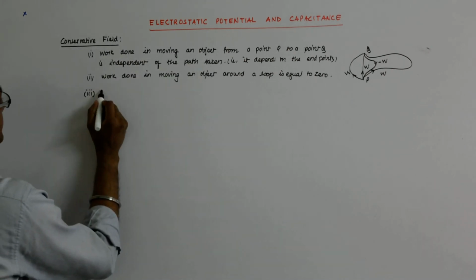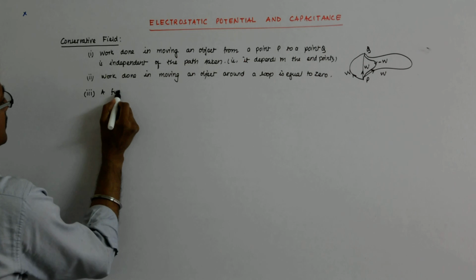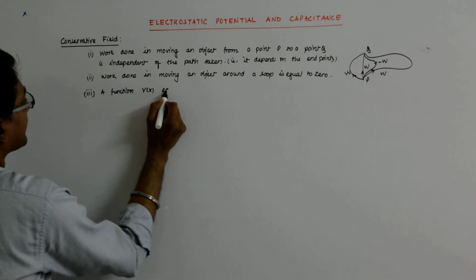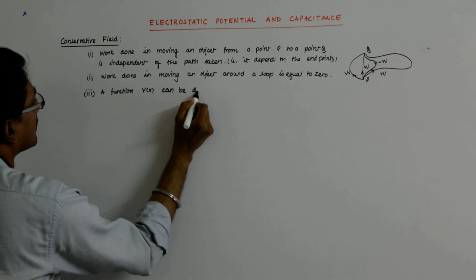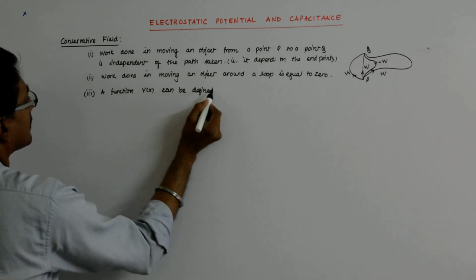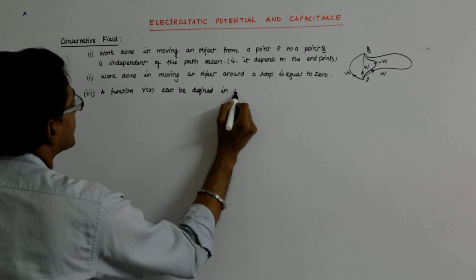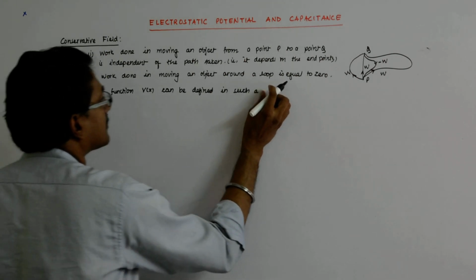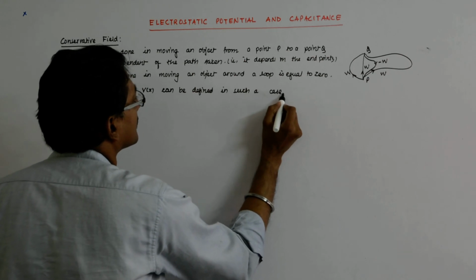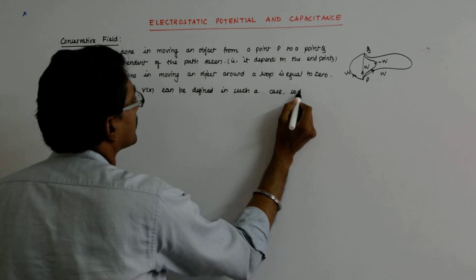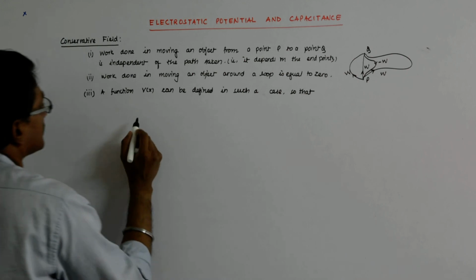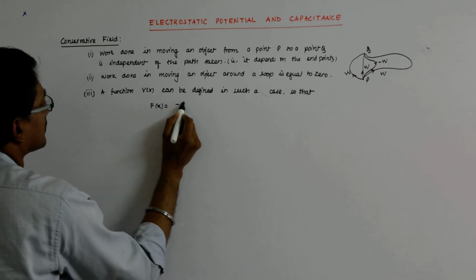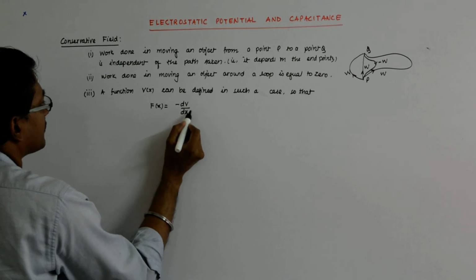So a function V(x) can be defined in such a case so that F(x) is equal to minus dV upon dx.